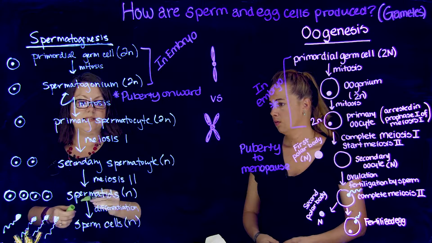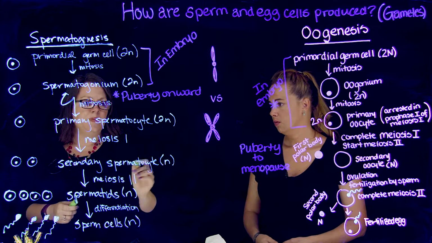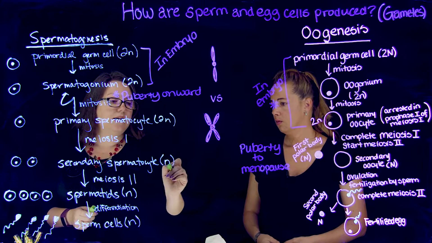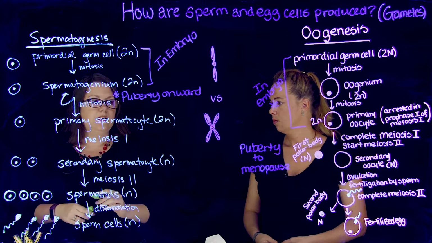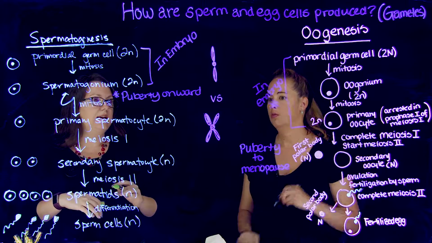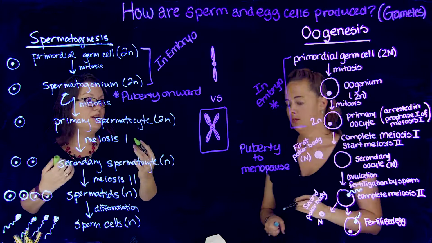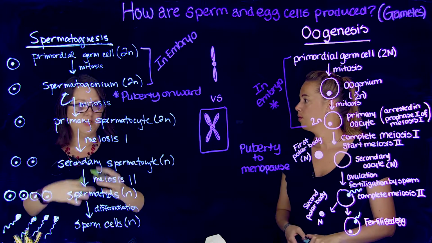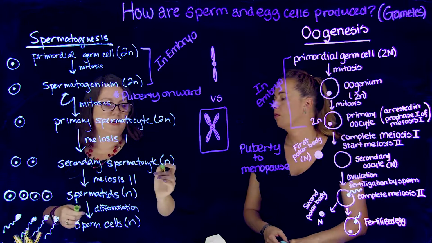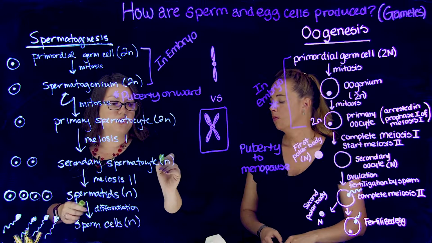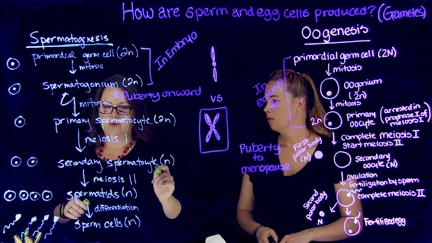Those are called the secondary spermatocytes, and those cells are now in a haploid state. Even though we've still got DNA in a duplicated form, we just have one type of information for each of our chromosomes. So we have just N, or 1N, for our haploid state.